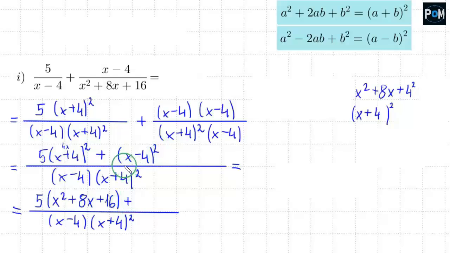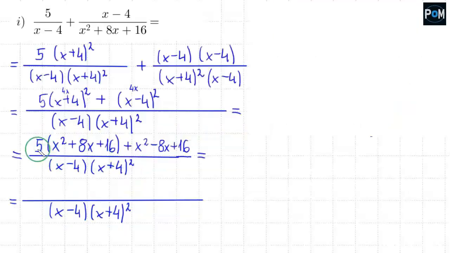Here I don't need to put a bracket because there's no minus in front, there is no number here, so I calculate it right away, using this formula, which works like this. First x squared, so x squared. Then I copy this sign, which is minus. Next, I do the doubled product, which means first I multiply these two terms. X times 4 is 4x, but I double it, so that becomes 8x. And then you still need to add that 4 raised to the square, which is 16.